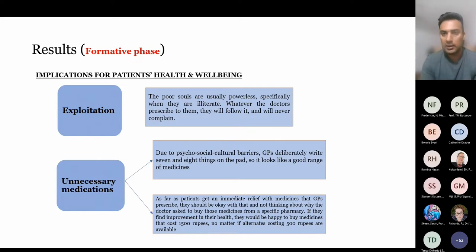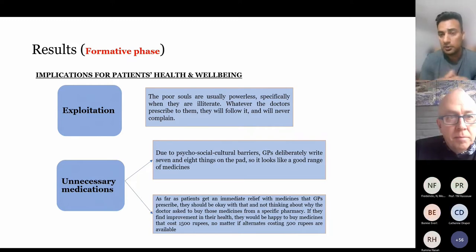And on the other hand, unnecessary medications may not only put patients under financial burden, but also have implications in terms of antimicrobial resistance if antibiotics are given unnecessarily. Hence, pharmaceutical incentivization can compromise patients' physical and social well-being.